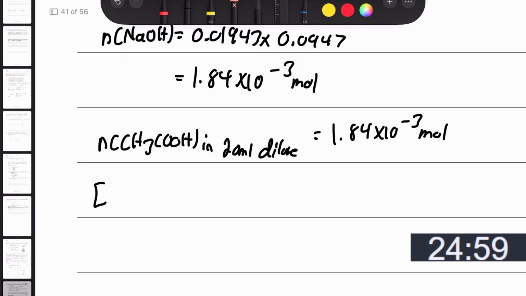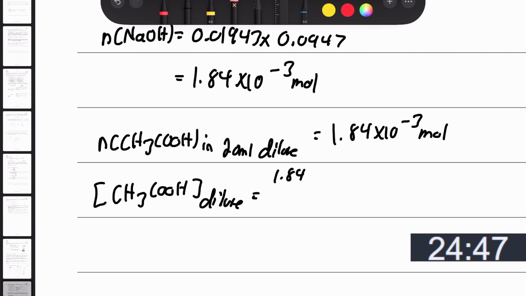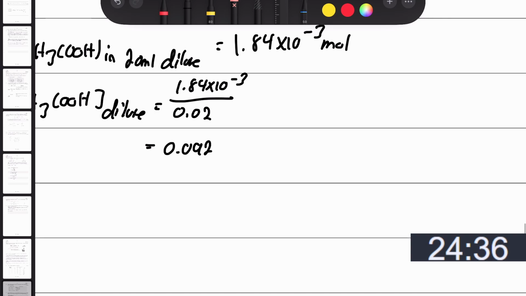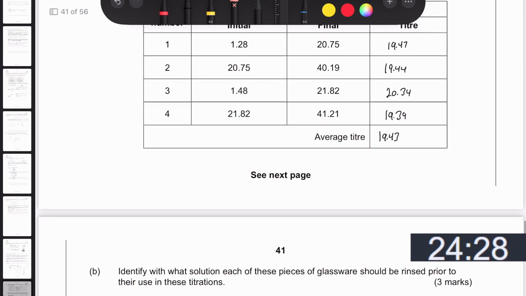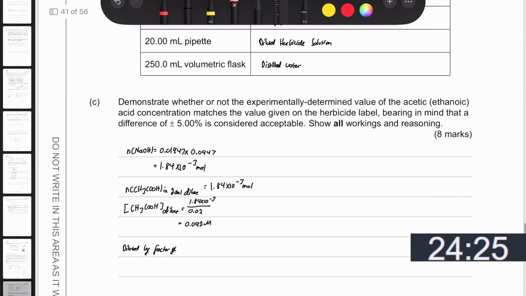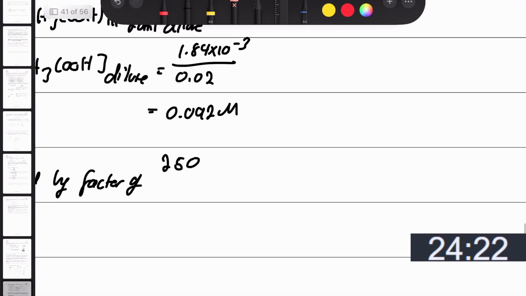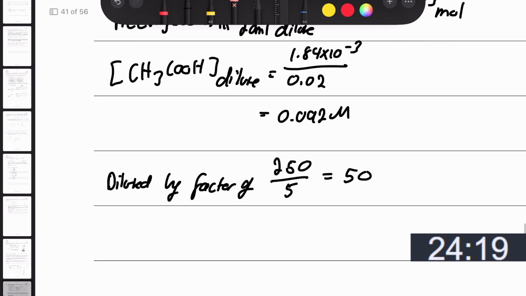So the concentration of CH3COOH dilute is equal to 1.84 times 10 to the negative 3 all over 0.02, which is equal to 0.092 molar. Diluted by a factor, it was 5 and 250, right? So 250 over 5 equals 50.